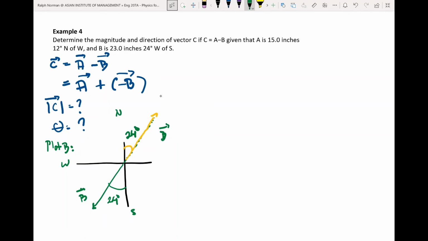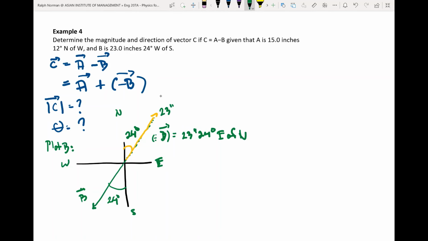This is now, east pala. So the new one, the negative one here, is essentially still 23 inches, but in 24 degrees east of north.